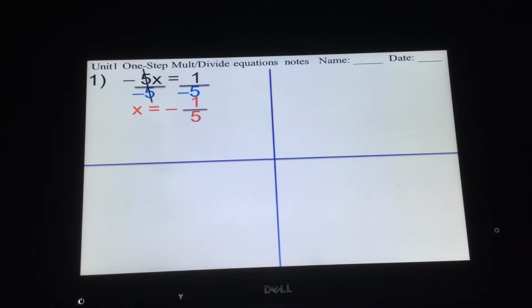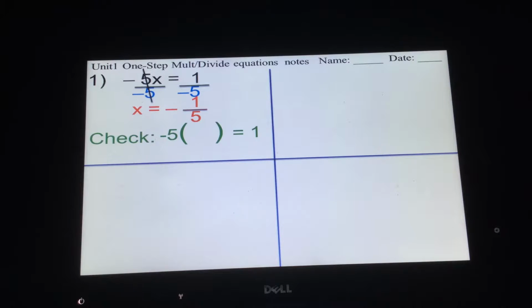And again, just like yesterday, once we get an answer, we need to check the answer. You will not get credit unless you check your answer. So let's do that right now. We take the original equation, negative 5x equals 1, but instead of the x, we put parentheses. So we have negative 5 times parentheses equals 1.